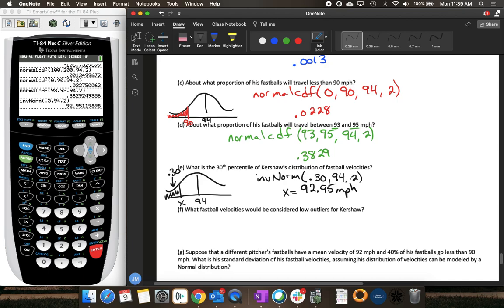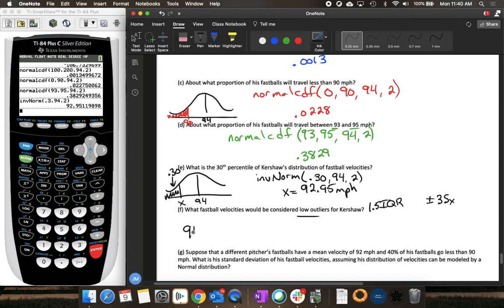All right, and for F, what fastball velocities would be considered low outliers for Kershaw? Typically when we think about outliers, we've been using the 1.5 IQR rule. That's one way to find outliers. The other way, which is somewhat convenient, is plus and minus 3 standard deviations. In this case, we just want low outliers.